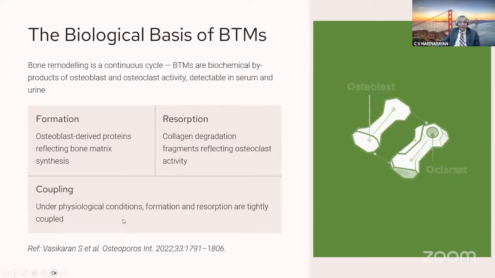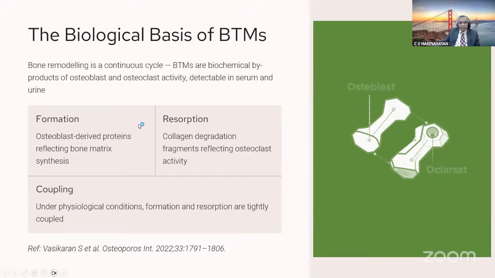Under physiological conditions, both formation and resorption are tightly coupled. If resorption is more and formation is not able to keep up, then you will have osteoporosis. It can be age related or it can be due to a disease with parathyroid excess, because of hyperparathyroidism.